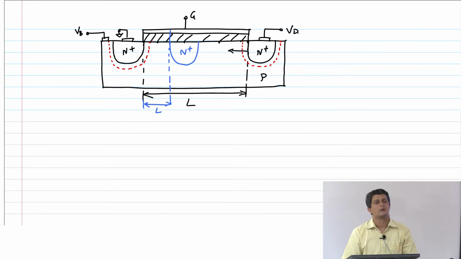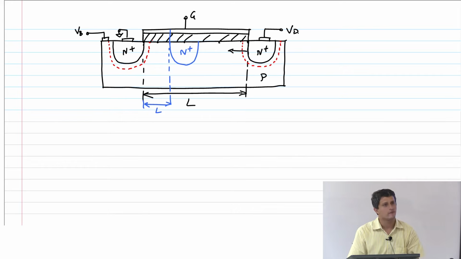Because the channel length was so large, it really did not matter whether I considered the channel length up to this depletion region edge or up to the N plus region, because that distance was negligible earlier. So it was very easy to define all our terms simply as distance between the drain and the source. We didn't care for very rigorous definitions there.